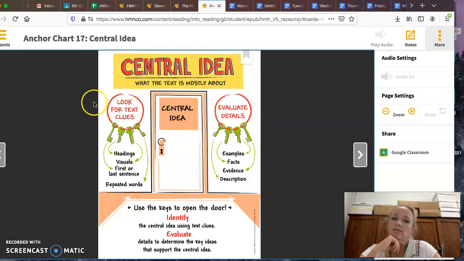When you are trying to focus on that, pay attention to headings, visuals, and the first or last sentence in any repeated words. Those will help you focus in on what's the gist of this article. You can evaluate details by reading the examples, facts, evidence, and descriptions. So you need to be thinking about these things as you are reading the text today to help you figure out the central idea.